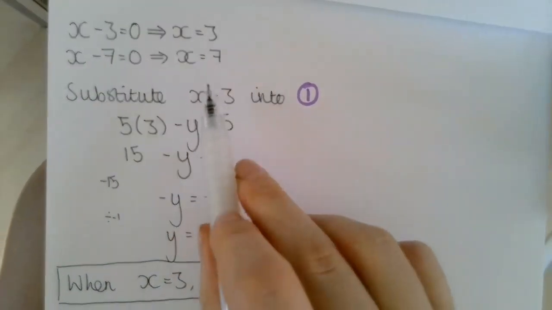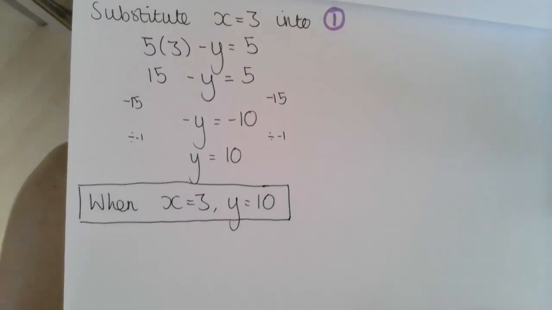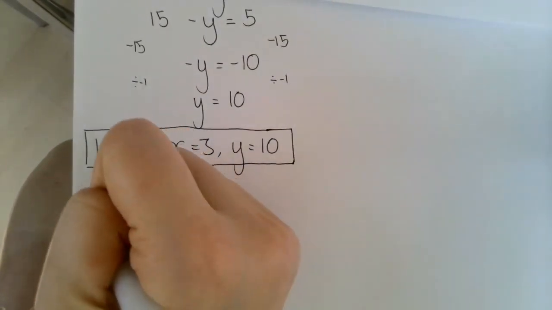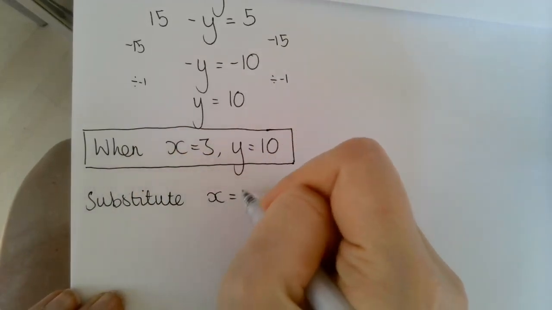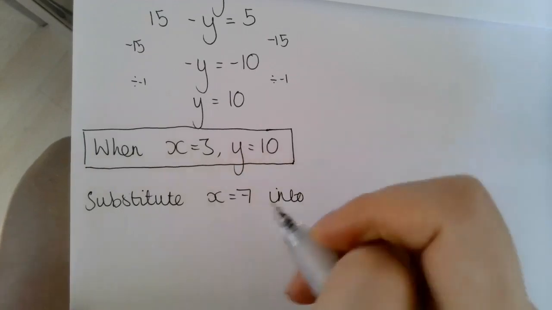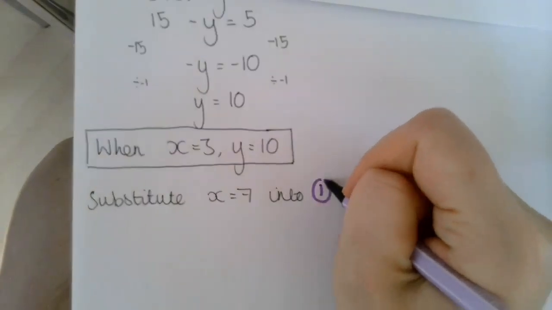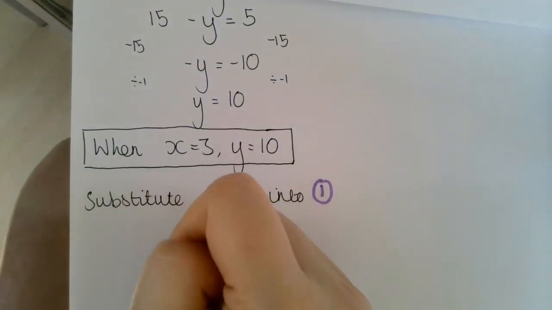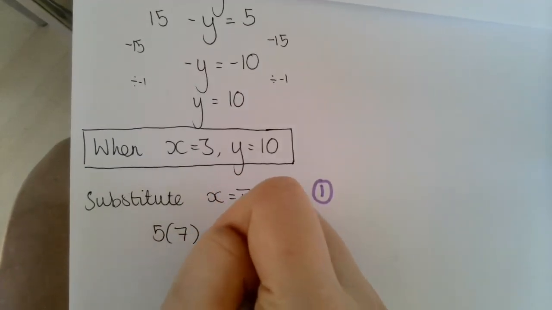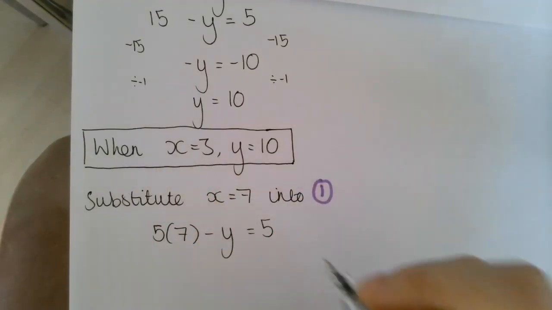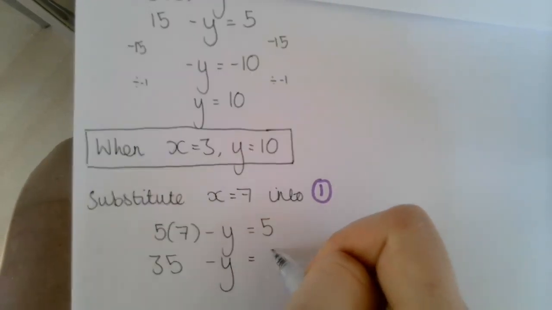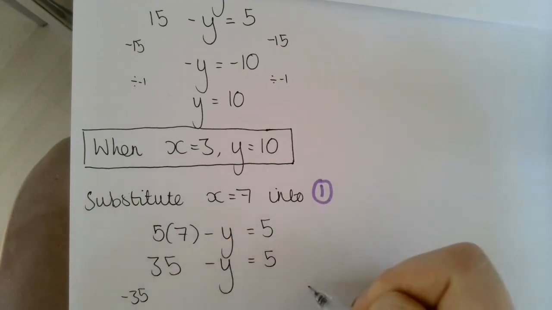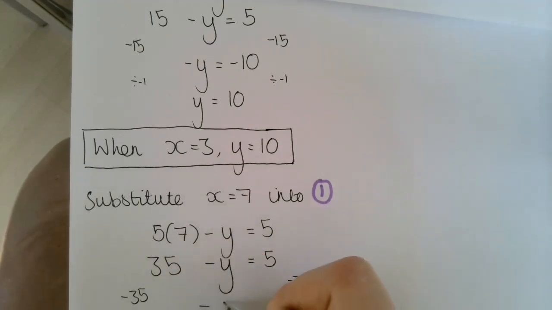I'm now going to substitute x equals 7 into that first equation. So substitute x equals 7 into equation 1, and I get 5 lots of 7 subtract y equals 5. 5 lots of 7, that's 35. Subtract 35 from both sides, and I get negative y equals negative 30.